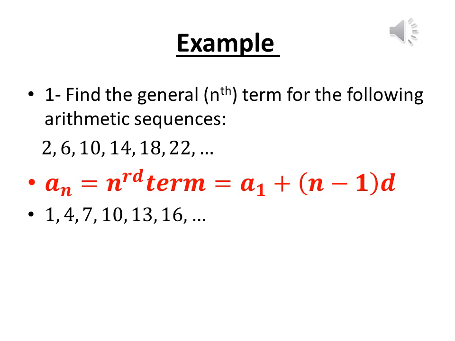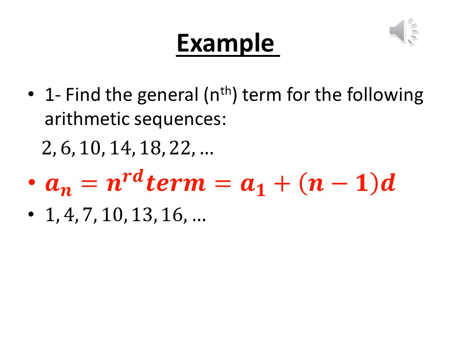The nth term of an arithmetic sequence equals the first term plus n minus 1 times d. The nth term is a(n), the first term is called a1, n is the number of the term, and d is the constant displacement. So in this example, 2, 6, 10, 14, 18, the nth term equals the first term, 2, plus n minus 1, times d. We can't get a value for n here because it depends on which term we want. But d here is equal to 4.